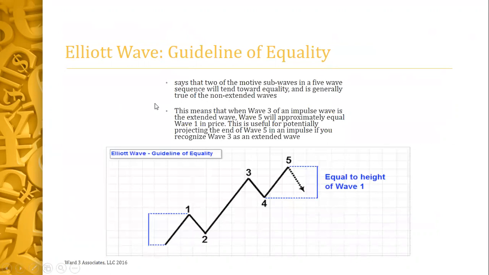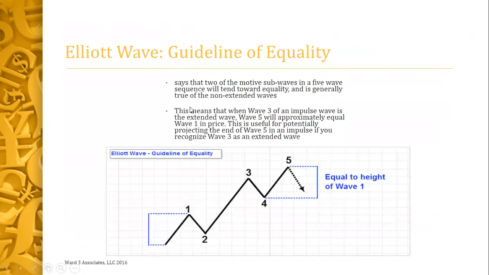So going back previously in the lesson, we said wave 3 was typically the strongest, the steepest and the biggest. So the guideline of equality says if whichever wave is the strongest and biggest, which typically is this one, then wave 1 and wave 5 will trend towards equality or market geometry. The market likes to stay in symmetry.